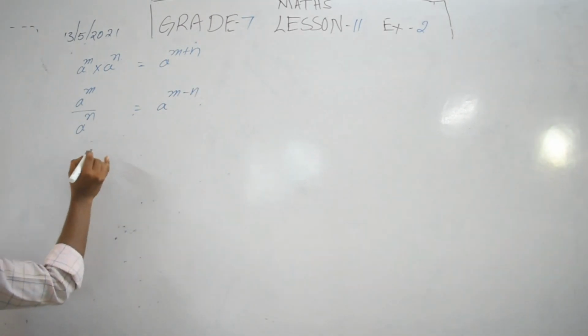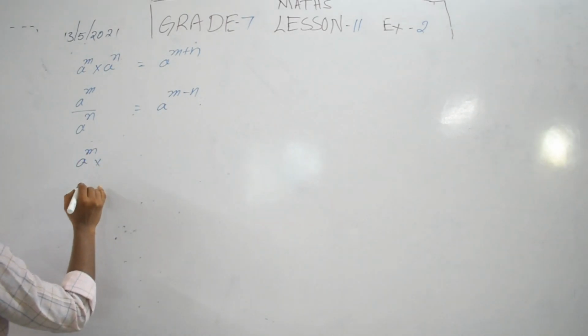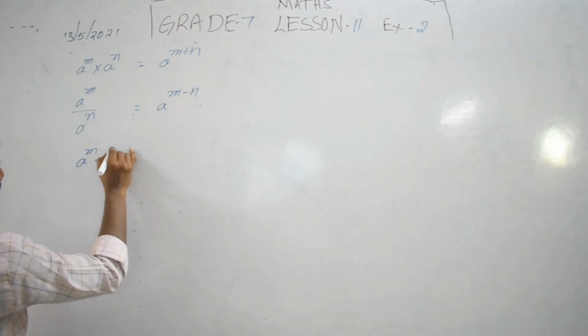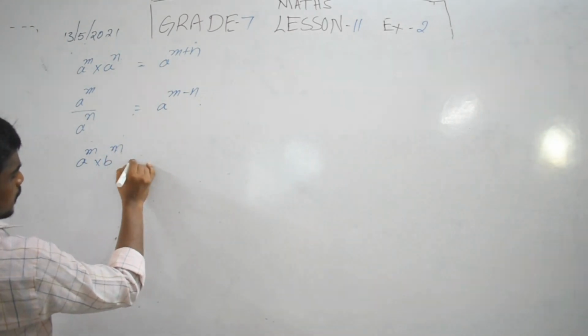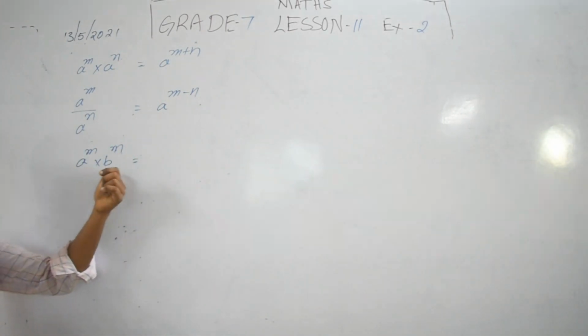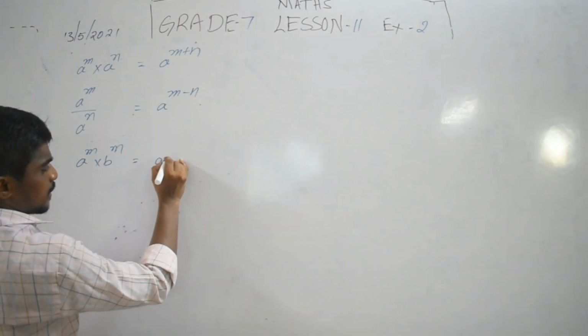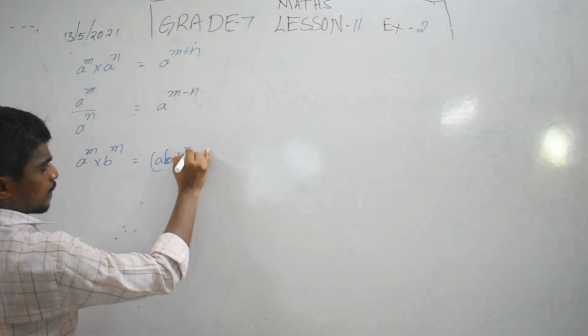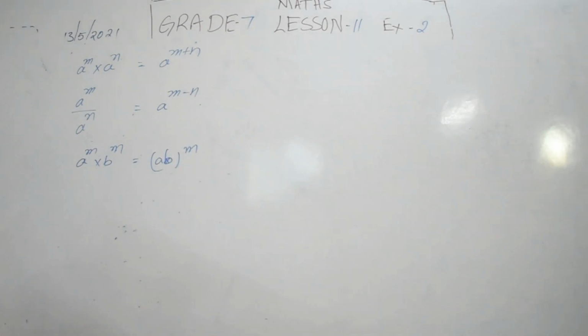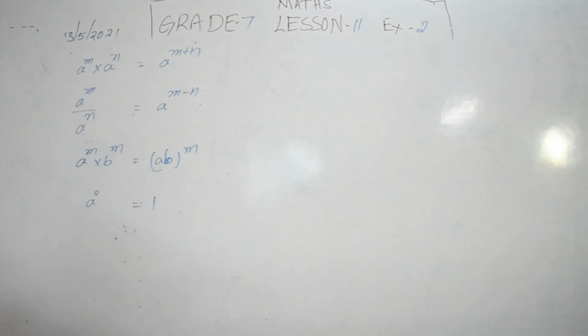Next, a power m times b power m. Here the bases are different and the powers are equal. What we do is (ab) whole power m. Next, a power 0 value is 1.